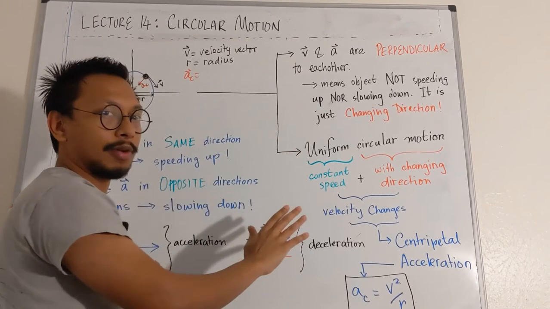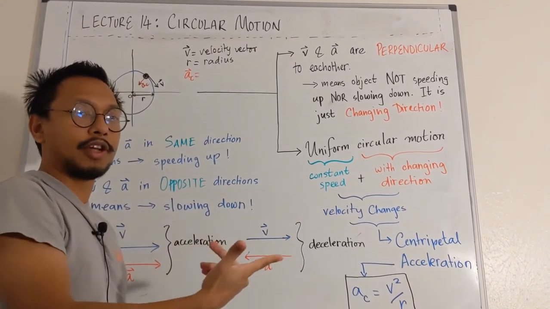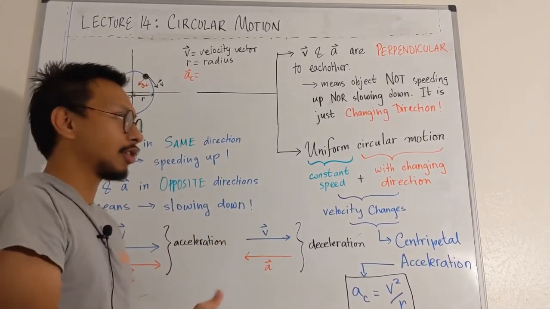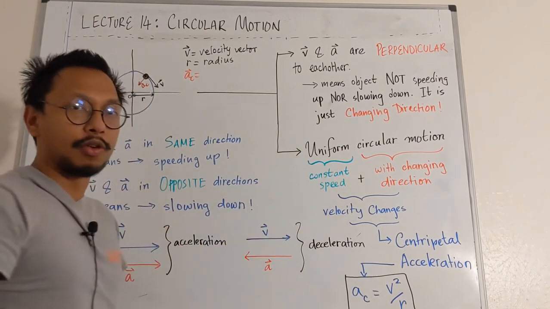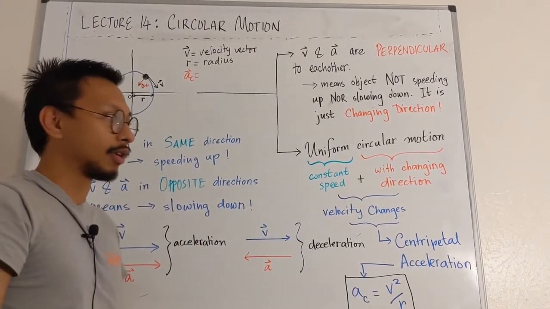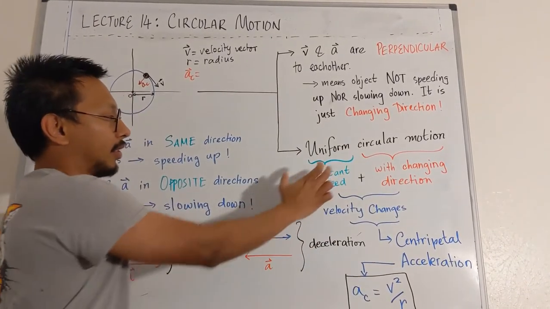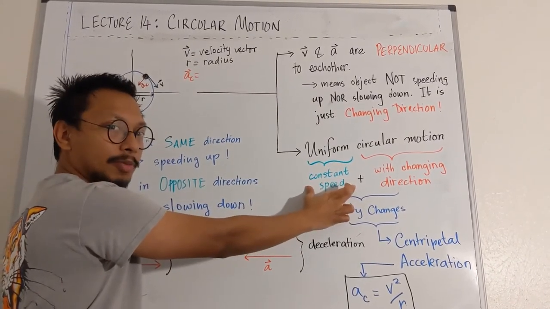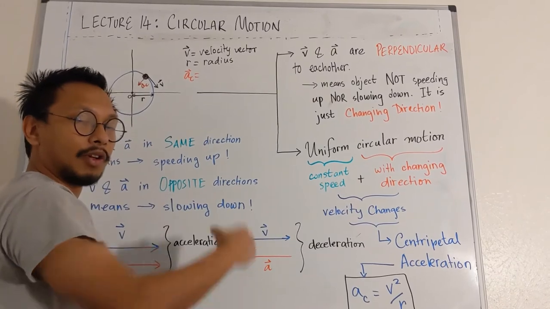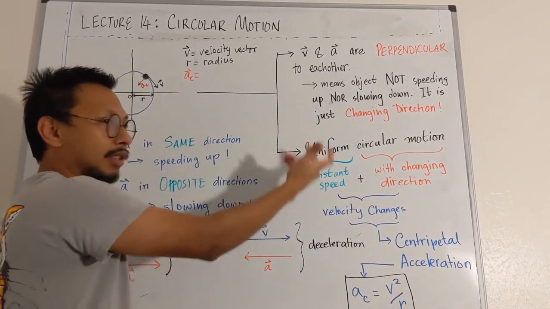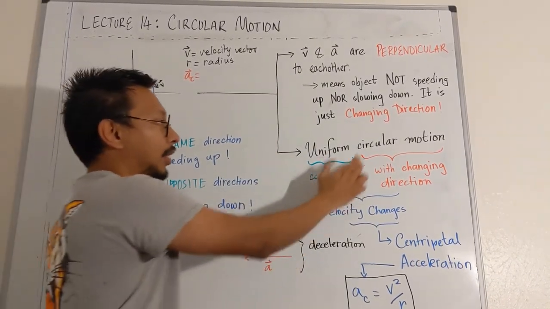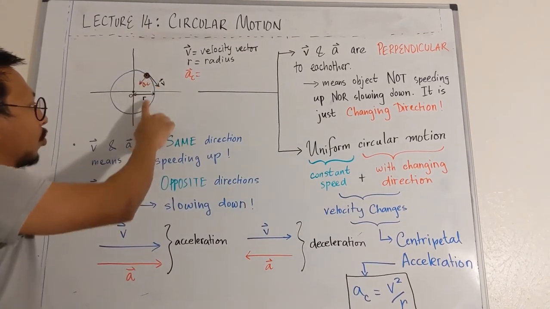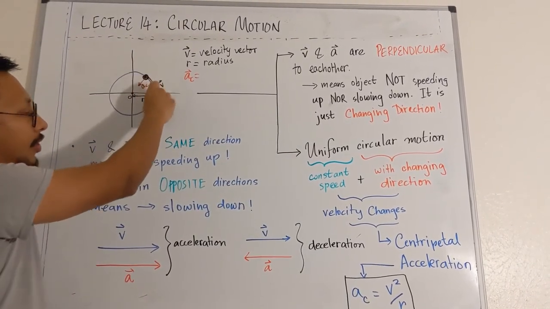This concept of velocity and acceleration vectors being perpendicular to each other forms the basis of what is known as uniform circular motion. Uniform means that the object traveling in a circle is moving at constant speed. That means the magnitude of its velocity going around in a circle is staying constant. However, when the object moves in the circle, it is constantly changing directions.